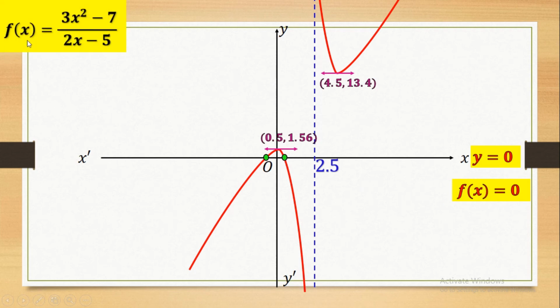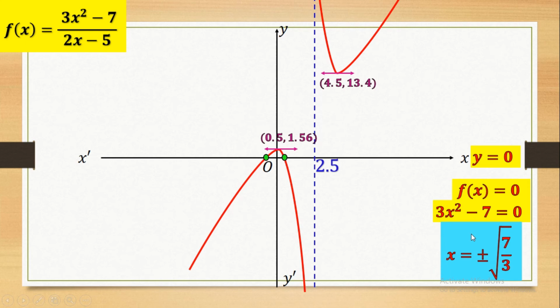We are given f of x is the fraction 3x squared minus 7 over 2x minus 5 equals 0, then the numerator is 0. So we need to solve 3x squared minus 7 equals 0, which gives us x equals plus or minus radical 7 over 3. So here it's at radical 7 over 3, and here it's at minus radical 7 over 3. Something else, we need to know the intersection with the y-axis.